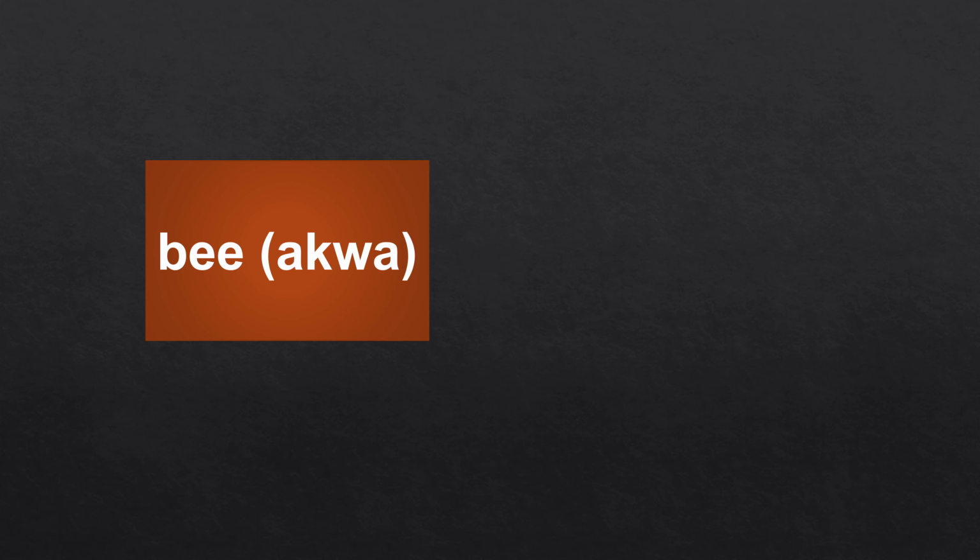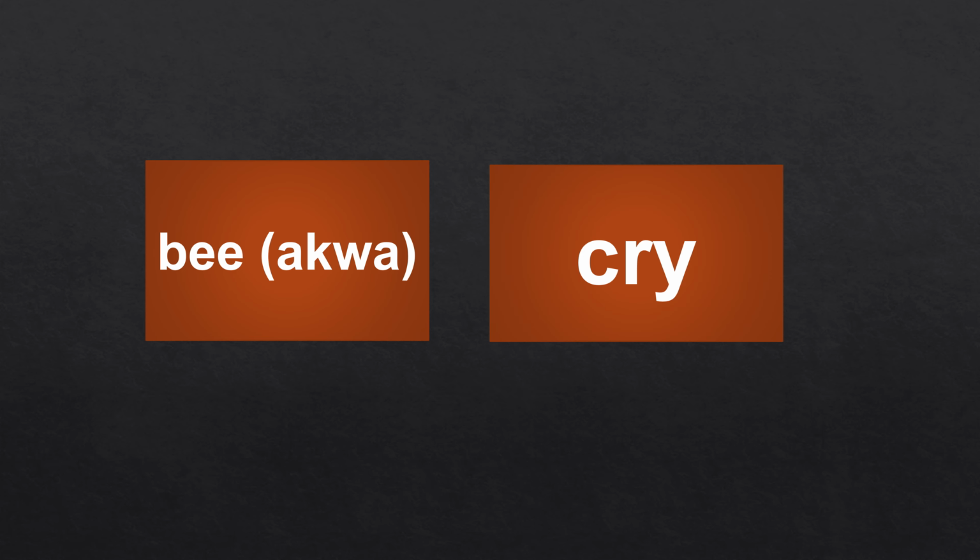This, if it is an English word, will be spelled as B-E-E, but as an Igbo word, it is B-A-A, be. Be is cry. It is the verb for cry.